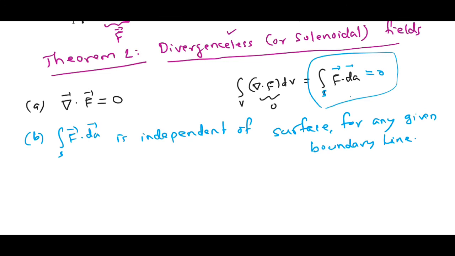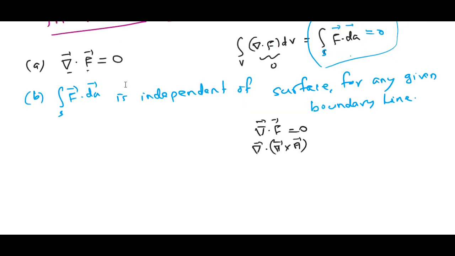Then if the divergence of a vector function is 0, this del dot f is equal to 0, we know that divergence of curl of any vector is 0. Therefore, as I mentioned earlier, this is f.